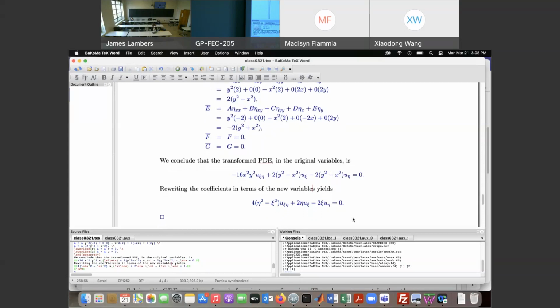This is an example of a problem from this lesson where you're given a specific PDE and you figure out what the new variables xi and eta are in terms of x and y, and then figure out what the PDE will be in the new variables. Assuming the PDE is hyperbolic, the only second partial derivative term you should get is this one, with some coefficient here.